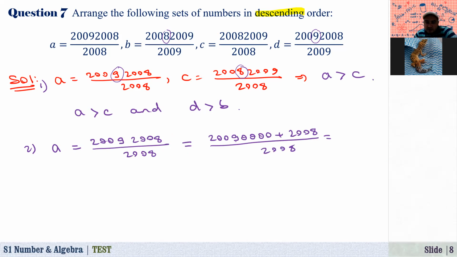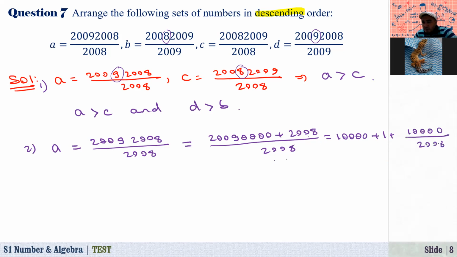This is 2008 times 10,000, so 2008 and 2008 cancel each other. Here we have 10,000 plus 2008 over 2008, that is 1, and we have 10,000 plus 1 left.